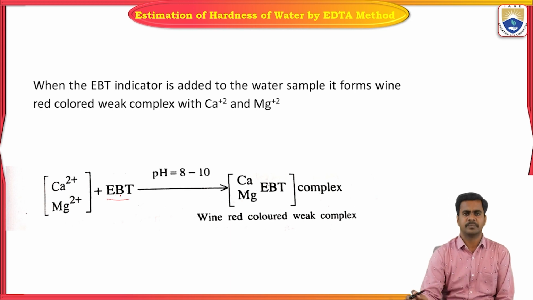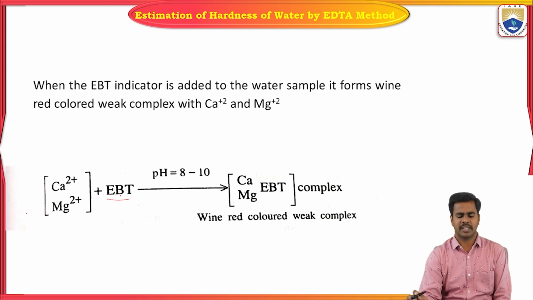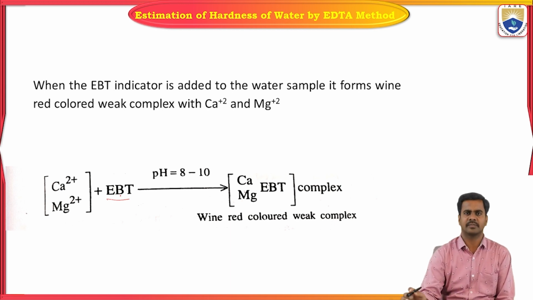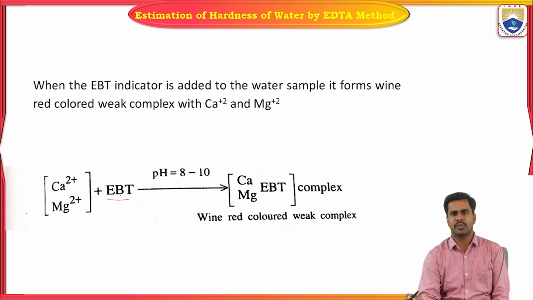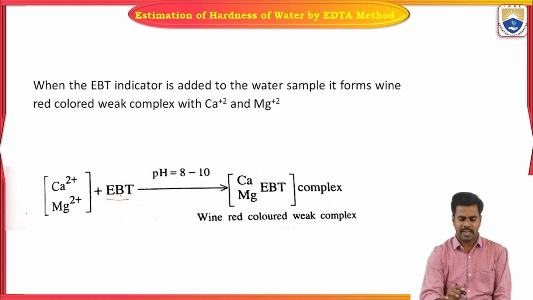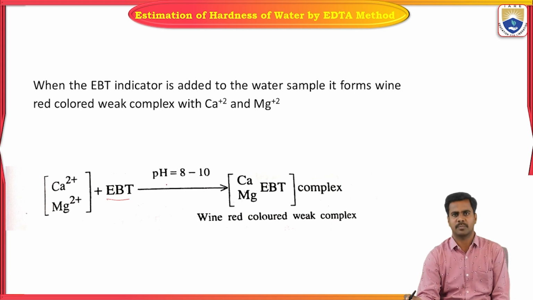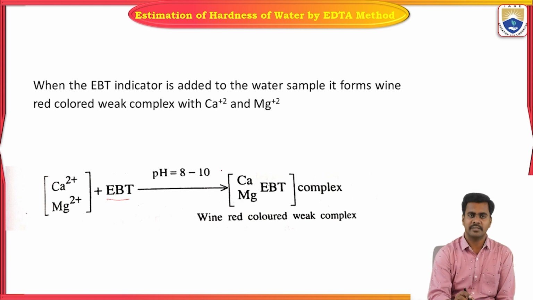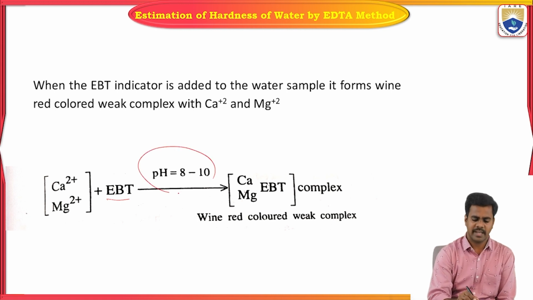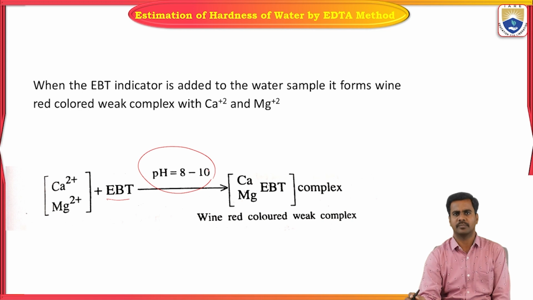The reason the buffer solution is added to the conical flask is that the reaction condition is pH 8 to 10. At this range only the reaction takes place. That's why we have to maintain the reaction mixture pH around 8 to 10.